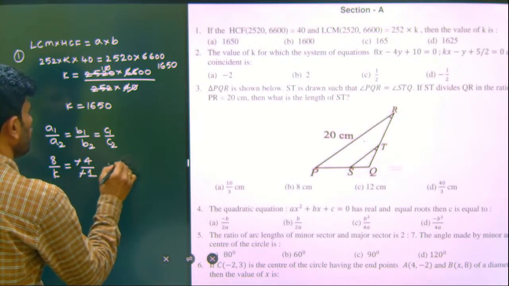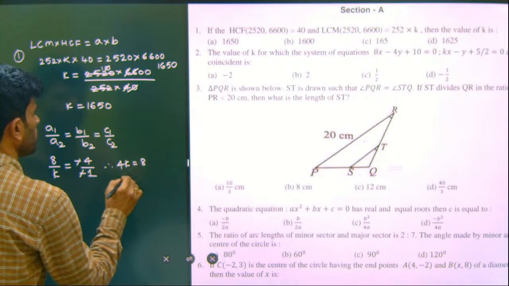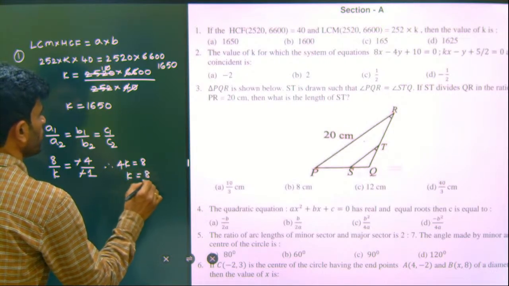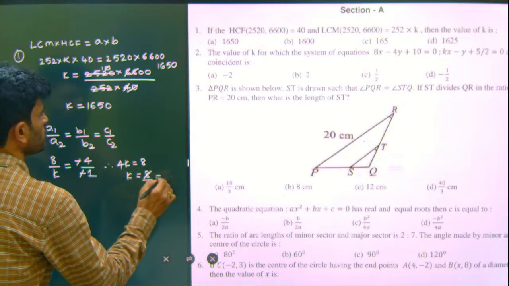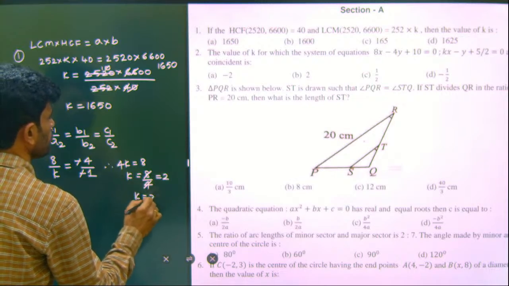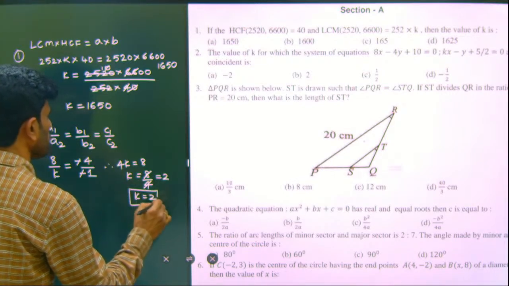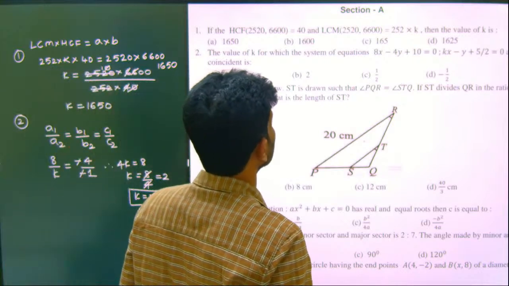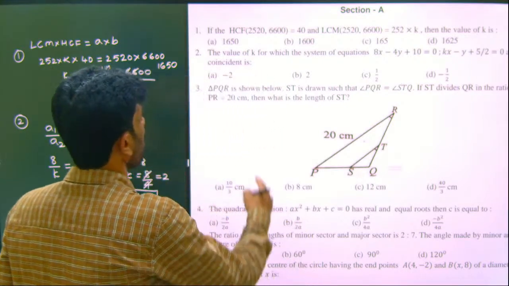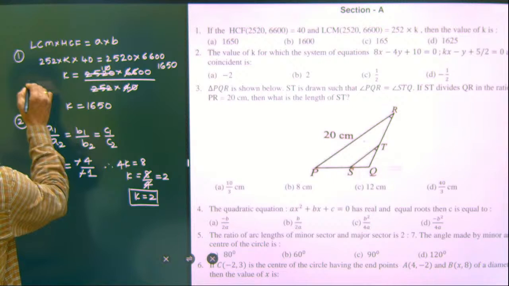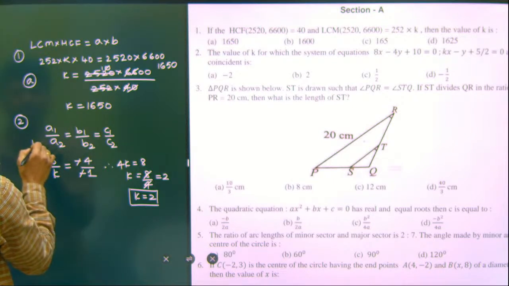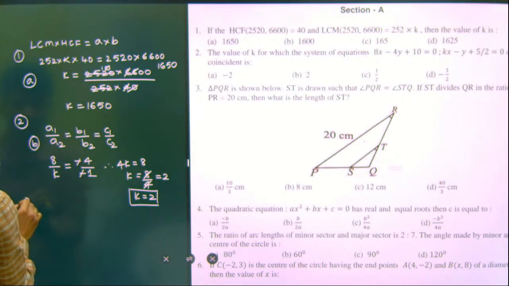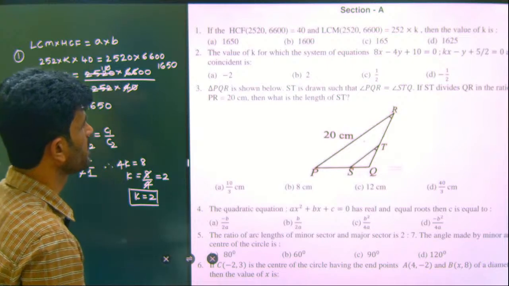Therefore 4K is equal to 8, K is equal to 8 by 4, which is 2. So K is equal to 2 is the correct answer. Option B. First one option A, second one option B, third one is about triangles.